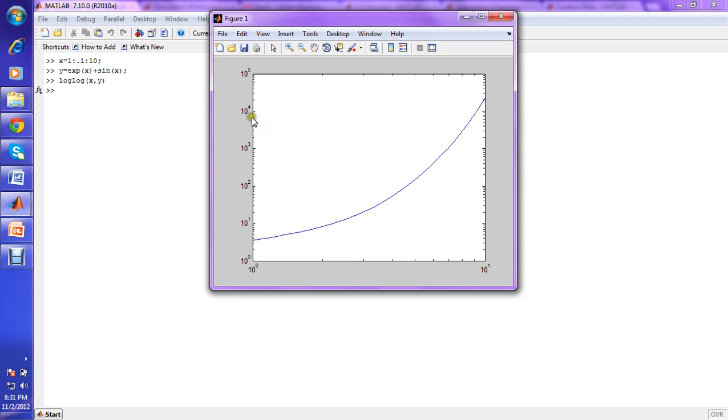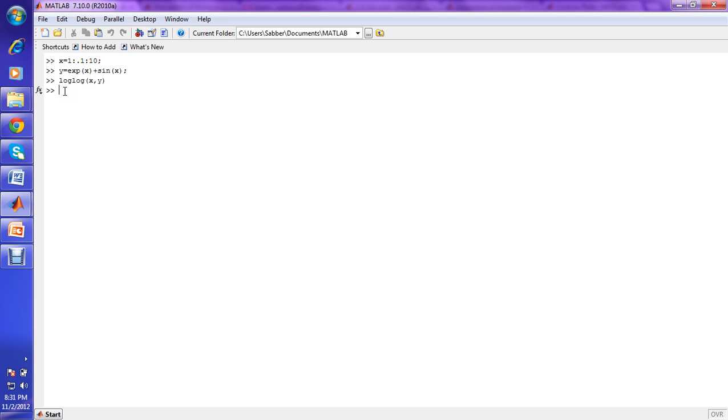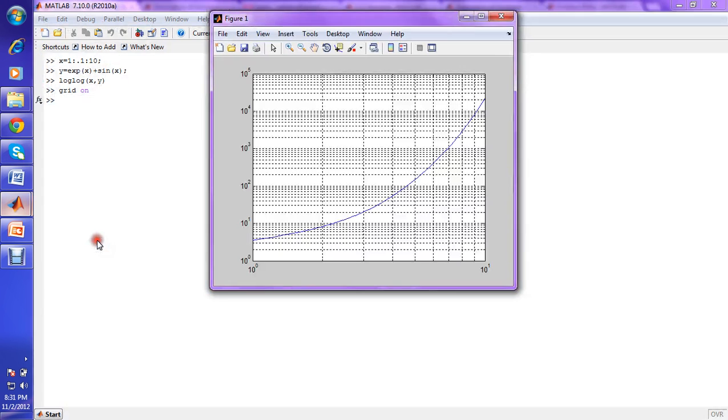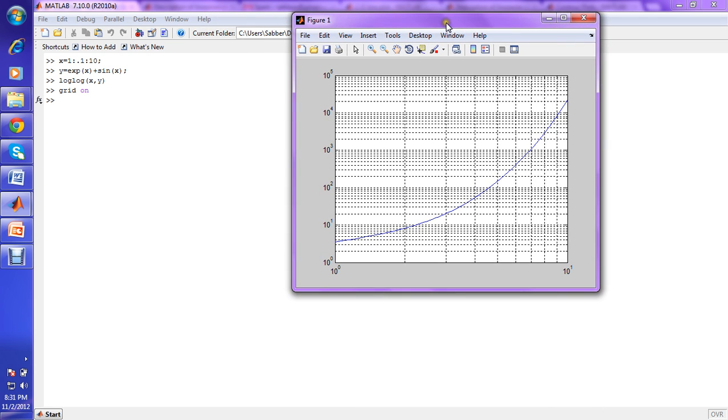If you want a grid, because generally we do this on log paper, the logarithmic scale, then you have to write in the code grid on. If we turn on the grid function, then you can see the grid here.